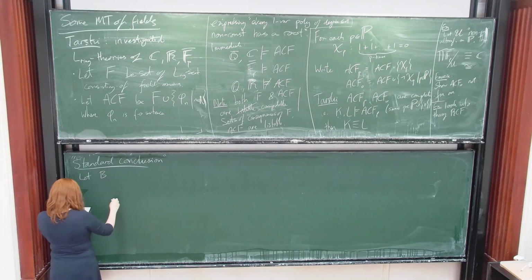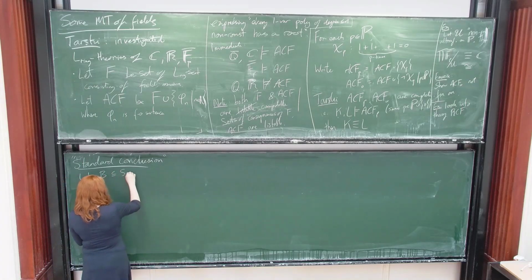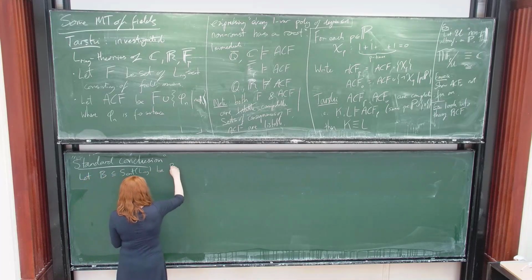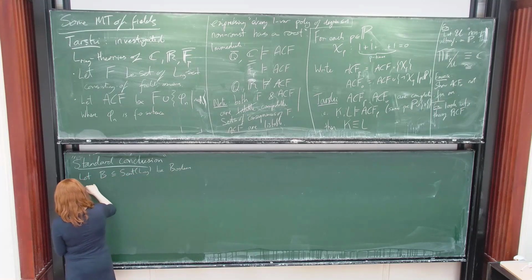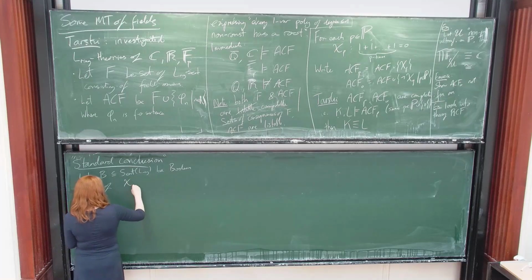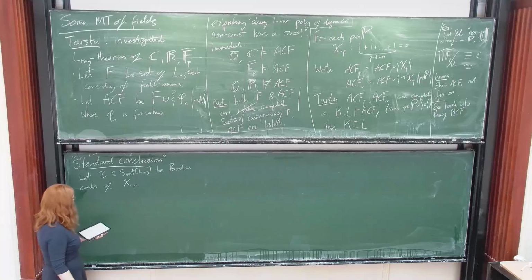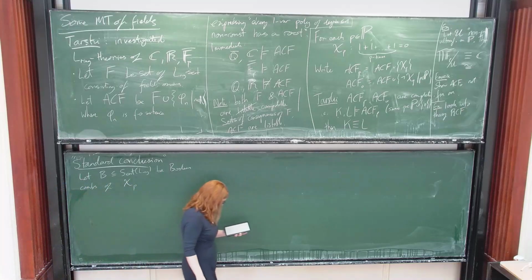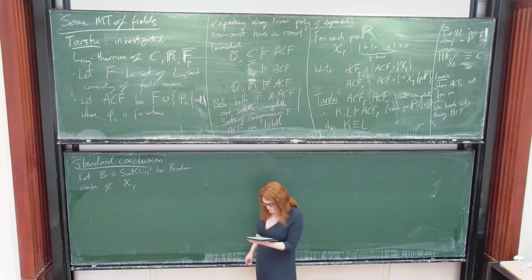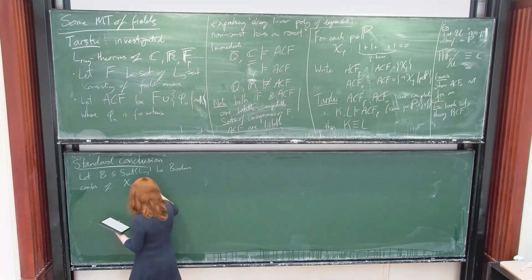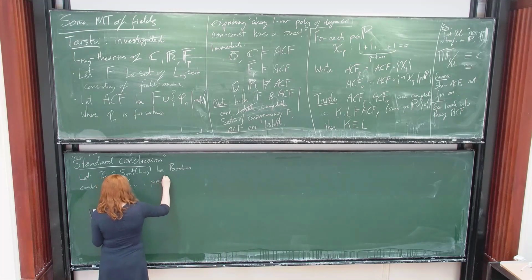Let B be the collection of Boolean combinations of these sentences chi p, for p a prime.